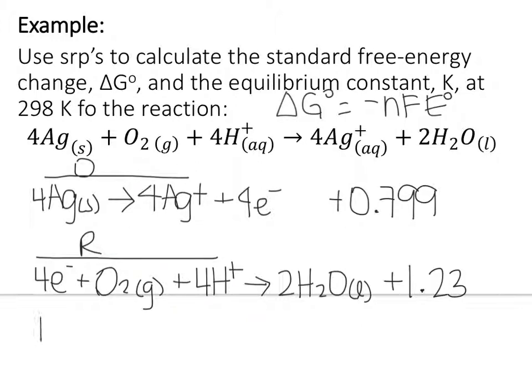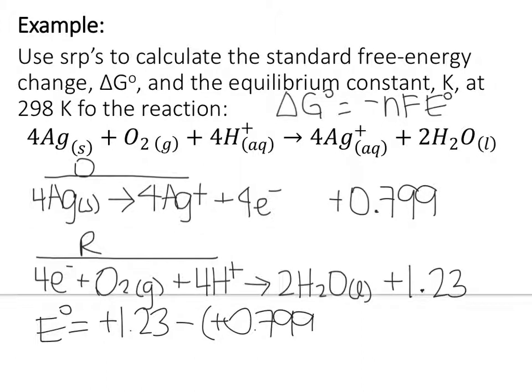That means that our cell potential is going to equal positive 1.23 minus positive 0.799, which is equal to a positive 0.431 volts.